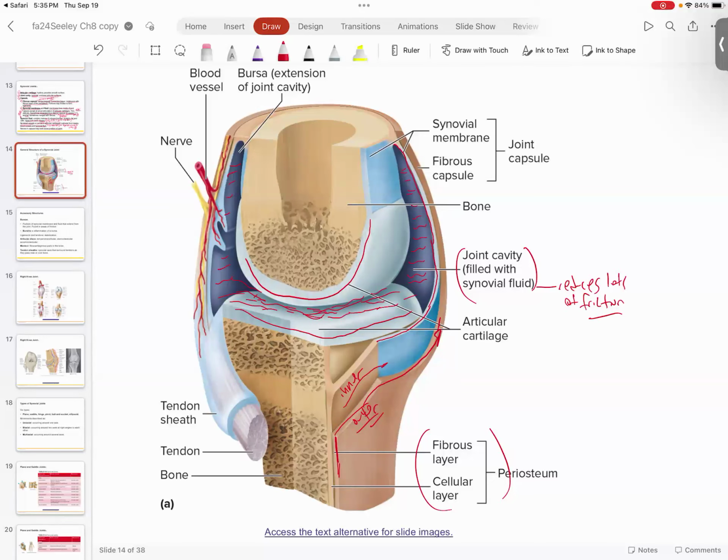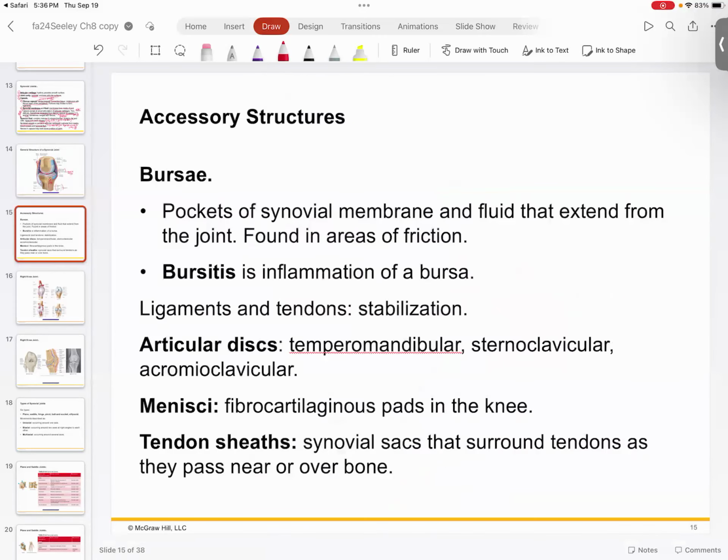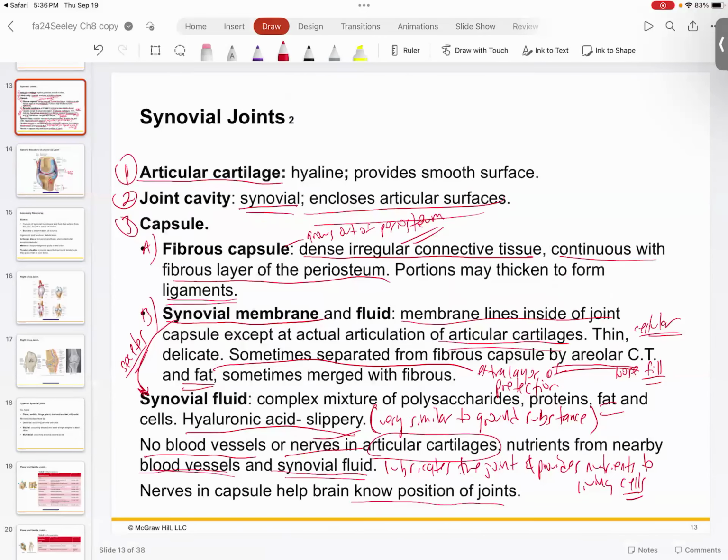And then you can see that your periosteum can basically grow into a tendon sheath to connect muscles also to this area. And then you can also allow for some vasculature to diffuse nutrients into the synovial fluid to nourish the cells that need to be nourished in the joint cavity itself. So that's your main piece, right? That's your main list of your synovial joint.